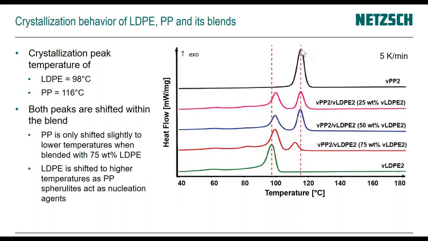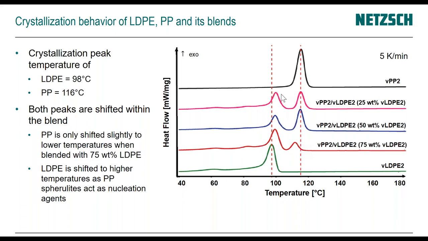And we see that the polypropylene peak in the blend is almost not affected. It's the material that crystallizes first, but we see that as soon as we have really high proportions of LDPE in our blend, the crystallization of the PP seems to be affected by the LDPE.